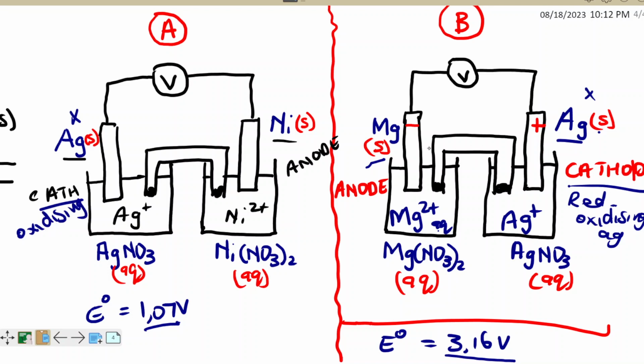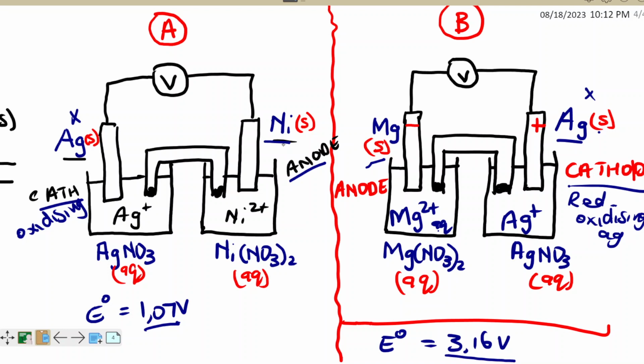Now, look at option A, the second cell, which is the nickel, on the anode. And the anode on option B is the magnesium. So this is the only difference. The anode of option A is nickel, and the anode of option B is magnesium.